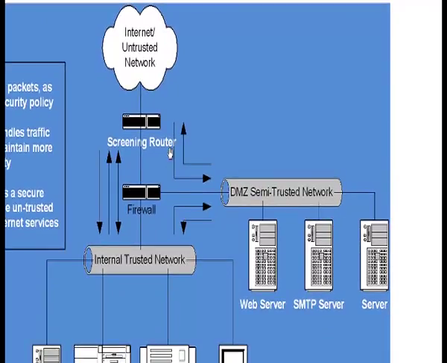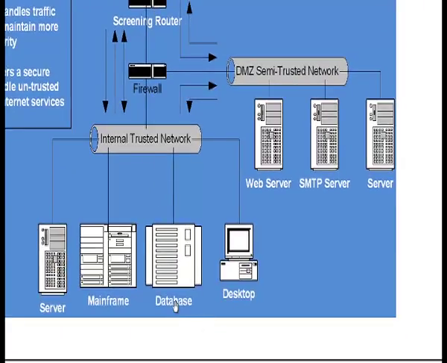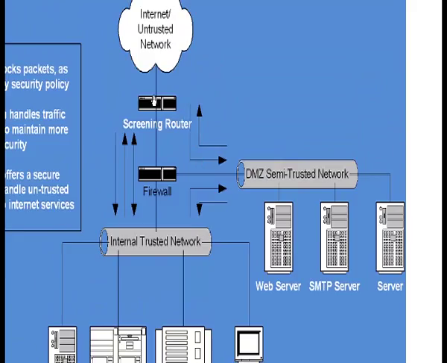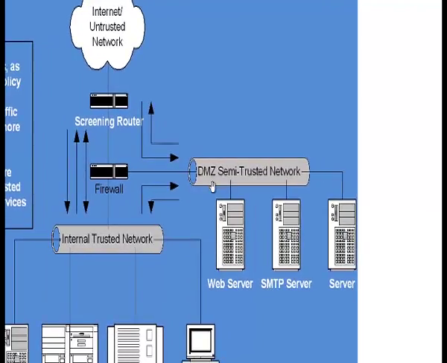In this case we can understand, first I have the internet and also our end user devices like your servers and also desktops. We know that there is a screening router and a firewall. In addition to that we have a DMZ, that is a demilitarized semi trusted network.